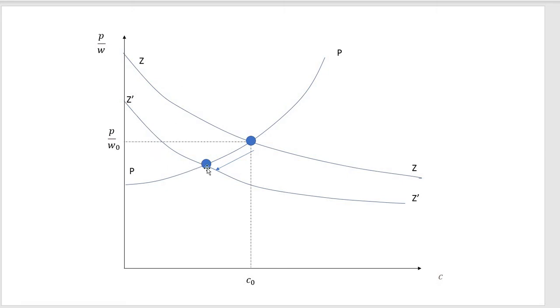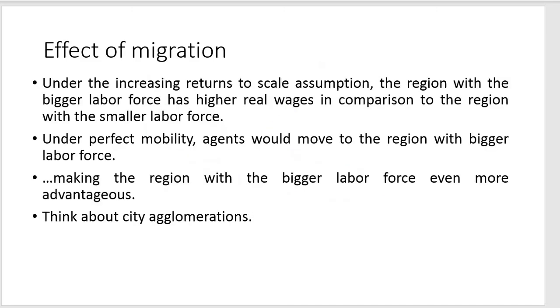So in the bigger region, we will have a smaller price-to-wage ratio, or in other words, a higher real wage. So again, there will be a discrepancy. The region with the bigger stock of labor force will have higher wages.